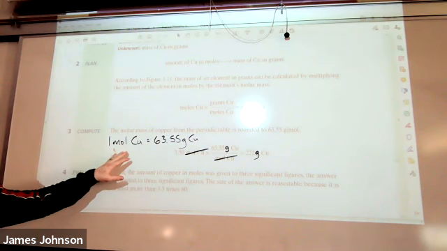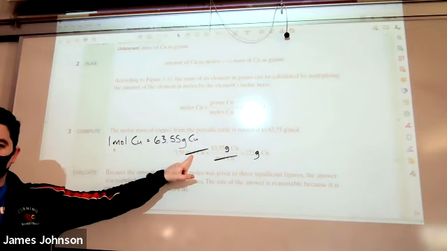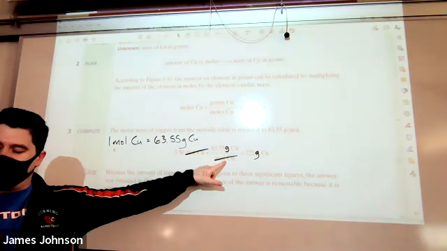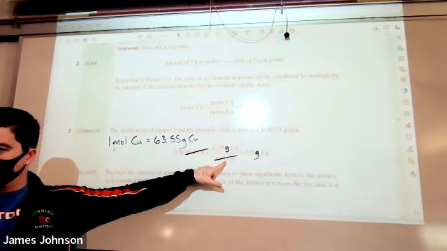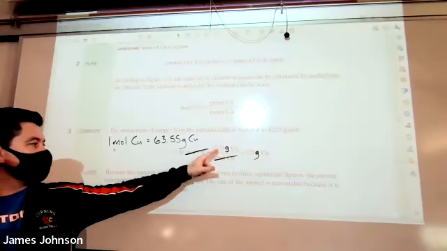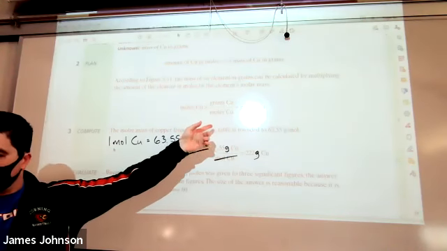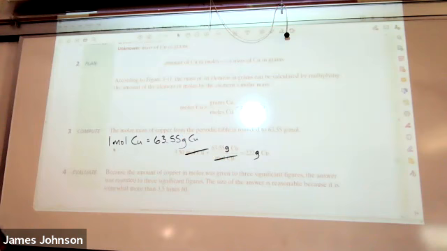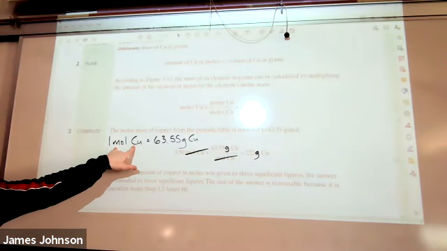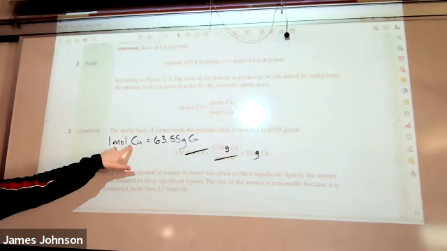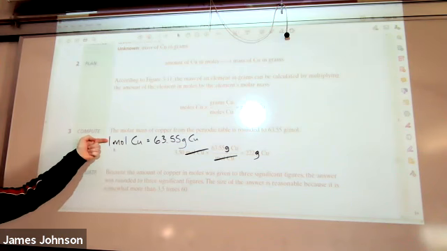Now here's the thing. We already know that we've been given moles, and in order to cancel moles, we have to put moles on the denominator. So by default, the grams would have to go on the numerator. If mole is on the denominator, the number that goes along with mole is going to be on the denominator.